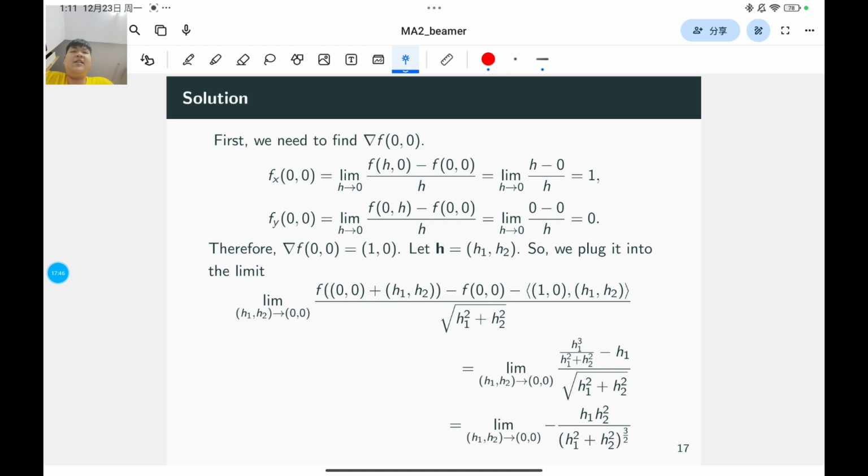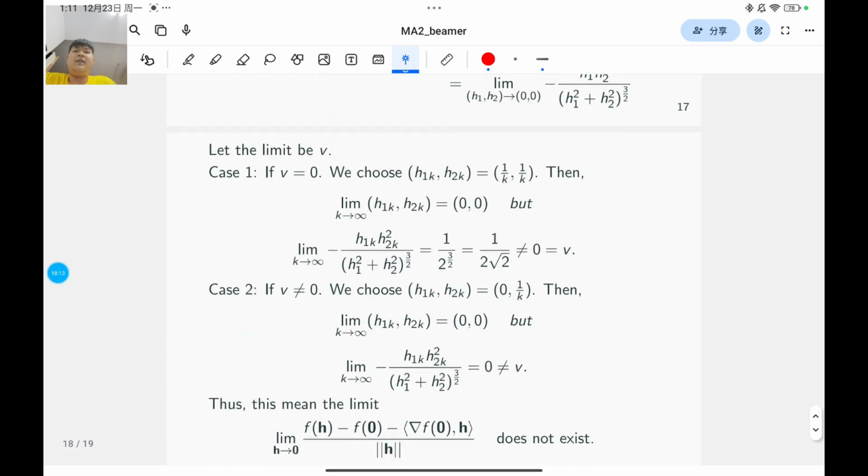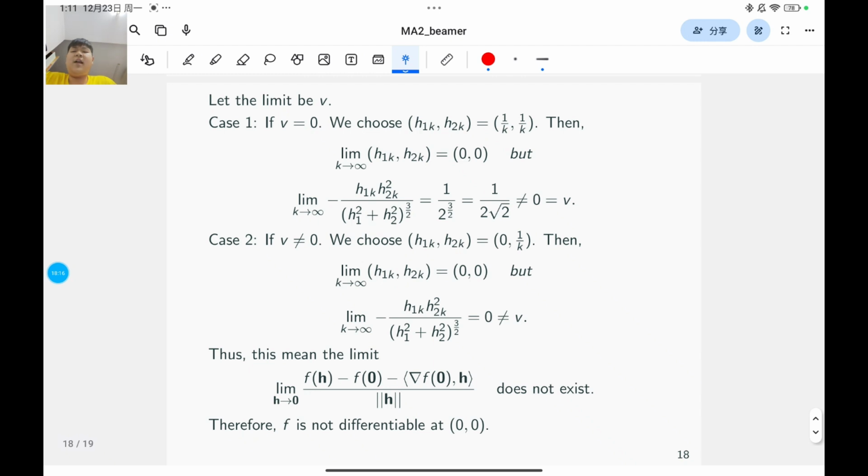But we can't see anything here, so we need to do some cases to find the limit. Before finding the limit, what I want to say is, if the limit is 0, then f is differentiable. But if the limit is not 0 or the limit does not exist, then f is not differentiable. So let the limit be v. For case 1, if v is 0, we can choose h to be the sequence (1 over k, 1 over k).